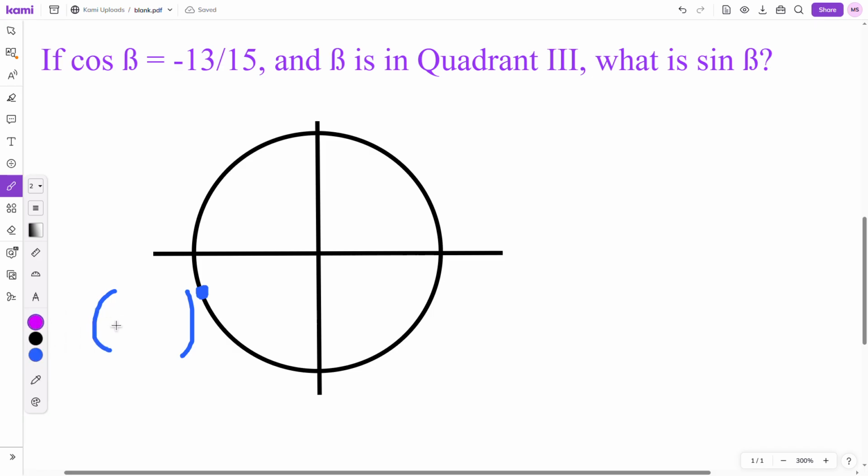We know that it's negative 13 over 15, comma, sine, but we don't know what the sine is. But what that tells us is that this length right here, where we're going to drop down a height to here, is 13 over 15.